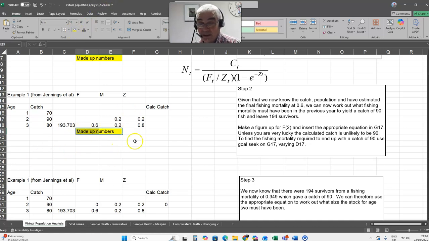So these are both made up numbers. But now what we want to do is to work out, so we know the catch there, we know the population there, and we've estimated the fishing mortality at 0.6. We can now work out what fishing mortality must have been in the previous year to yield a catch of 90 and leave a population of 194 survivors.